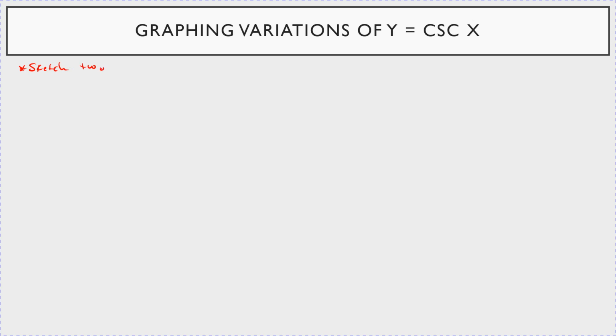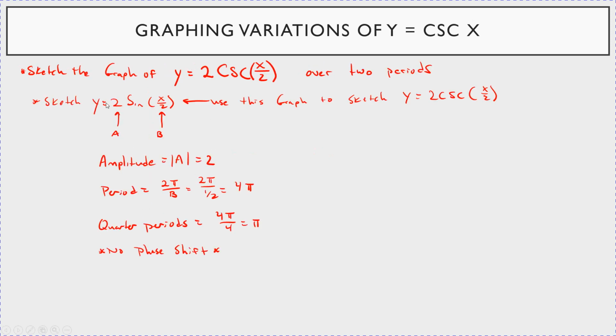So sketch 2 periods of y is equal to, we did 2 times cosecant of x over 2. Okay, so I'm going back and I'm going to sketch this sine. Okay, so my quarter periods are pi and I want to go over 2 periods.